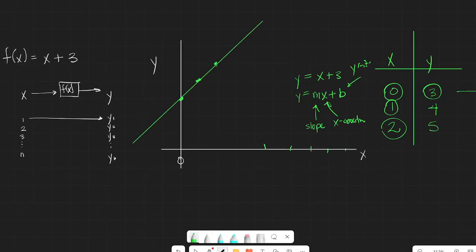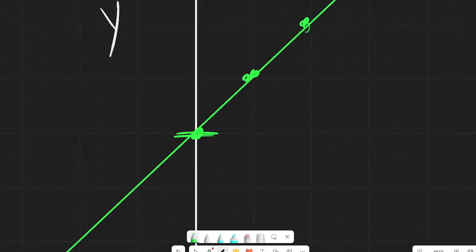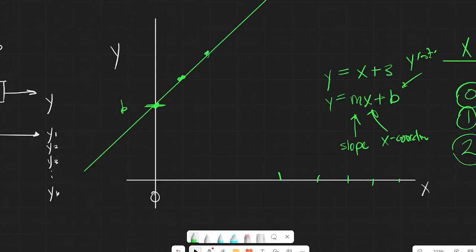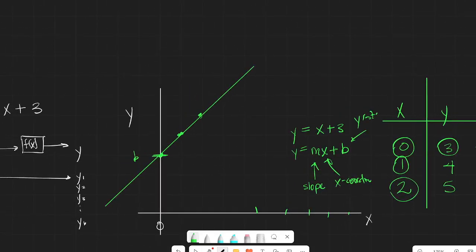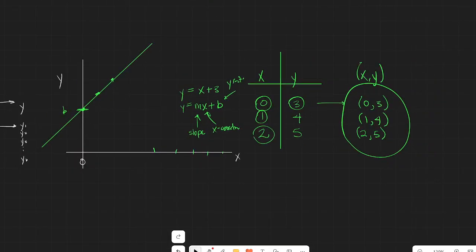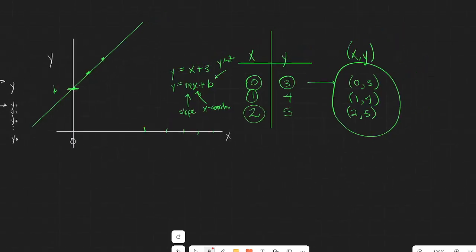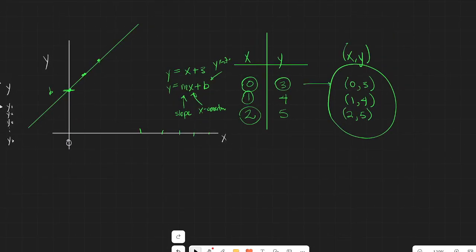That is the value at which the graph crosses the y-axis. That's why they call it the y-intercept, is where the graph goes across the vertical axis. And so that's how you get your coordinates, just by listing them out.